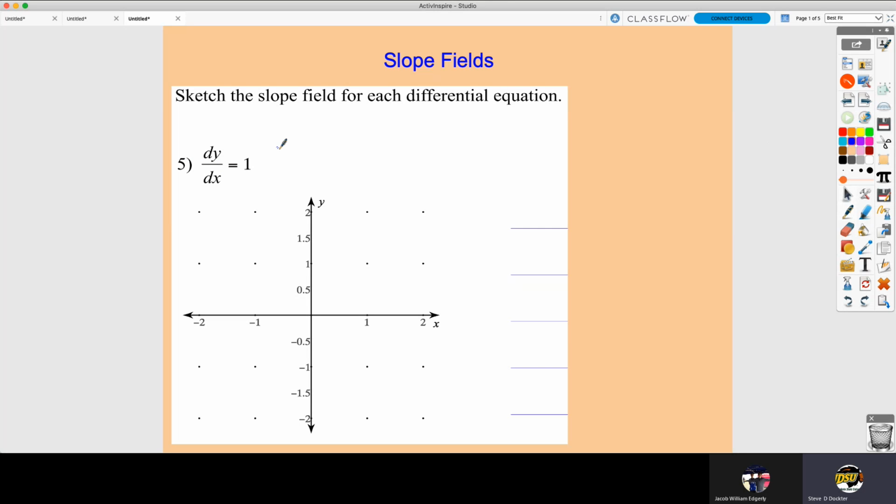Copy down the equation, and then on the graph, there are 5 points going across here: at 2, 1, 0, -1, and -2. We're going to put the slope of our potential line in there on each one of those 25 points.